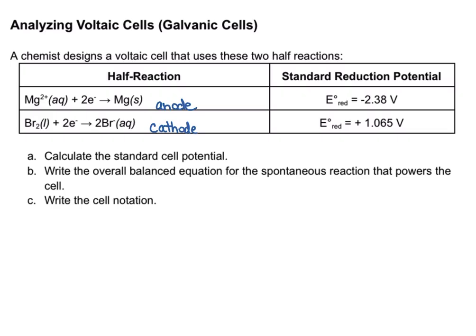Okay, that's all of the given that we can come up with. So let's go ahead and start with our calculations. We're asked to calculate the standard cell potential. The standard cell potential is equal to the cathode minus the anode. I'm going to go ahead and plug in my numbers.